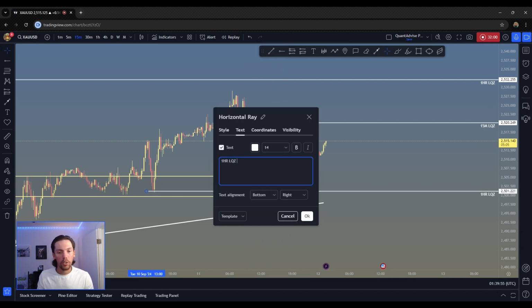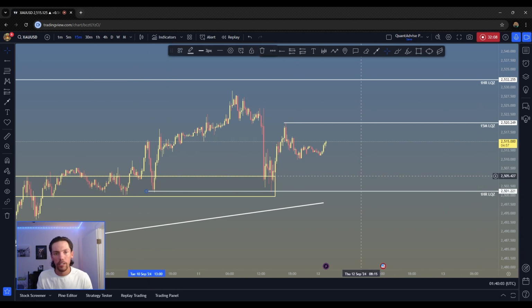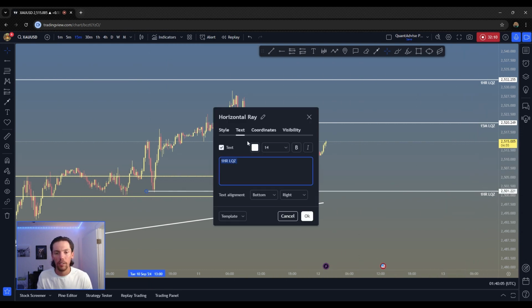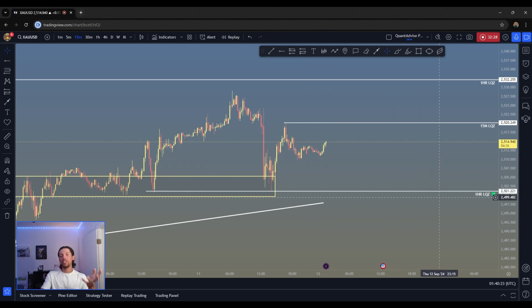And what we will do is add a thing. How do you add a check mark on this thing? I'm not actually sure. Hey, emoji. Check. Boom. 1-hour liquidity zone hit.